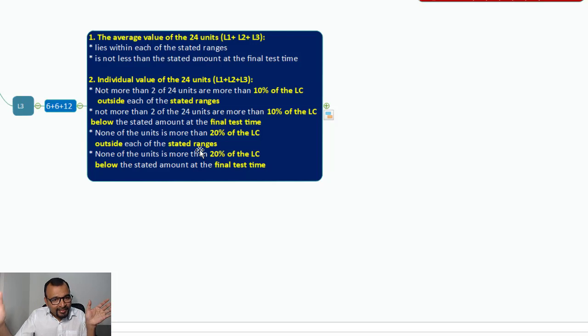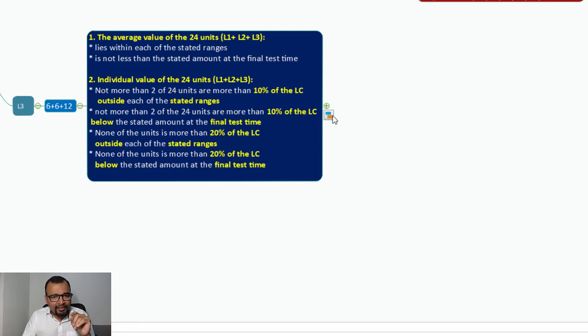This is for the stated range, and none of the unit is more than 20% of the labeled content below the stated amount at the final test time. So if the final test time's dissolution acceptance criteria is 80%, 80 minus 20 becomes 60%. So none of the units should be less than 60%.